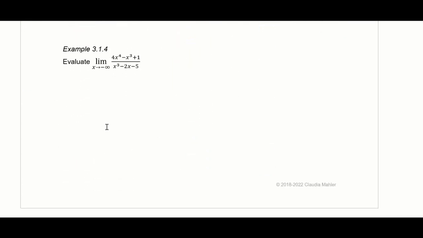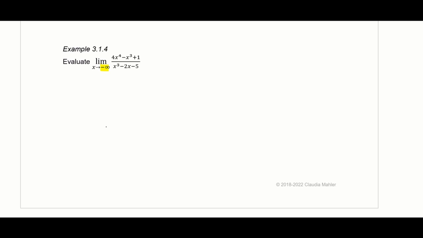Let's look at one more, then we'll talk a little bit more about some stuff involving infinity, because sometimes the concept of infinity can be a little tricky. So let's look at one where we're taking the limit as x goes to negative infinity of 4x to the fourth minus x cubed plus 1 over x cubed minus 2x minus 5.